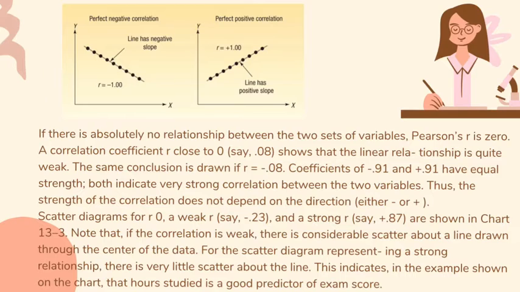Note that if the correlation is weak, there is considerable scatter about a line drawn through the center of the data. For the scatter diagram representing a strong relationship, there is very little scatter about the line. This indicates, in the example shown on the chart, that our study time is a good predictor of exam score.